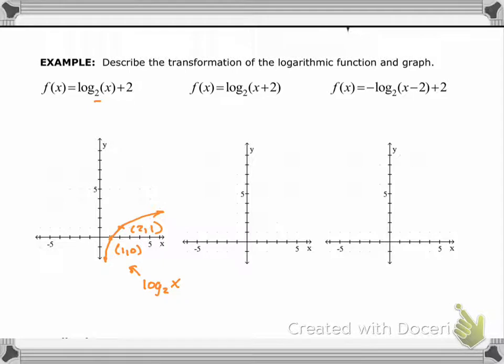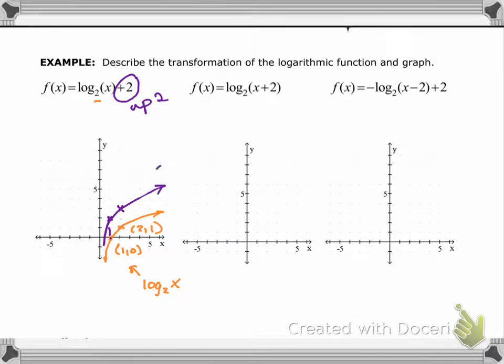And then I'm going to look back here and I'm going to see the only difference is that I'm going to be shifting it up 2. So each point goes up 1, 2. All right, and so it would look like that.